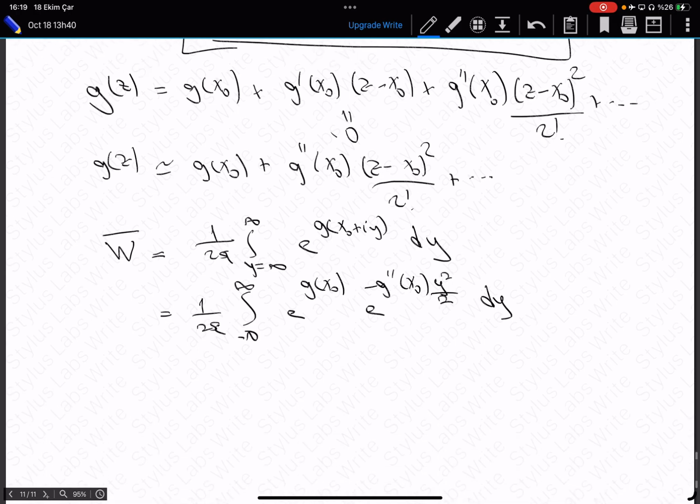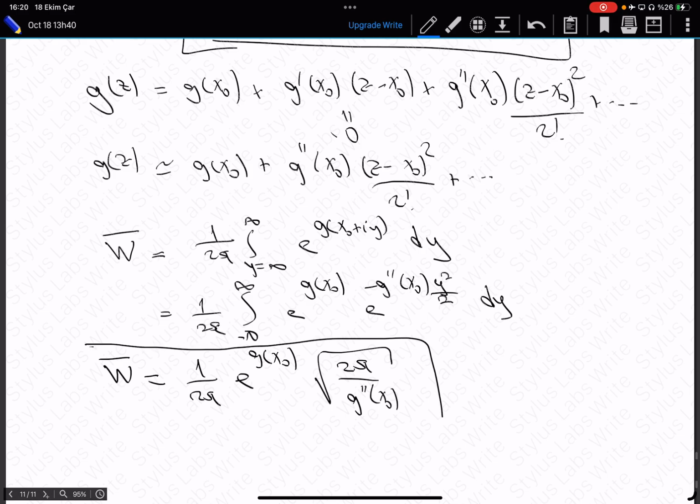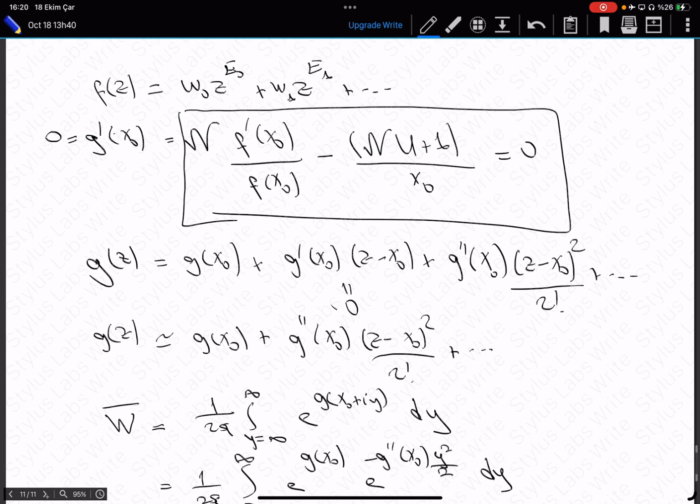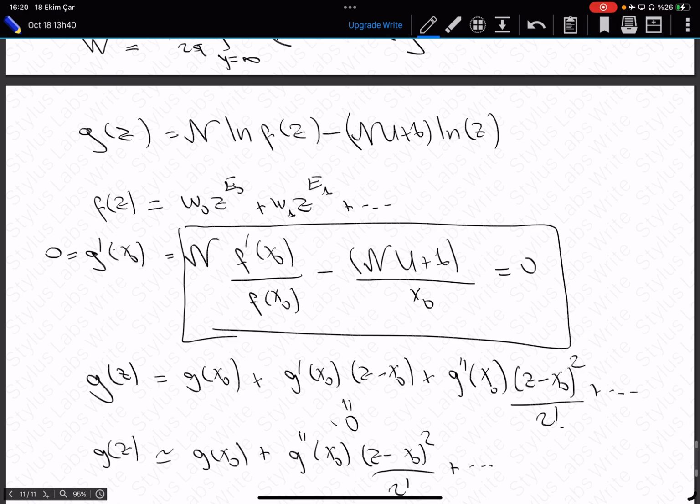dy, so omega bar is 1 over 2 pi e to the power g x0. The remaining integral is just square root of 2 pi over g double prime of x0. Remember, omega bar was, okay, g is this one over here.